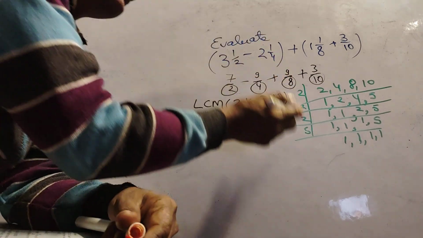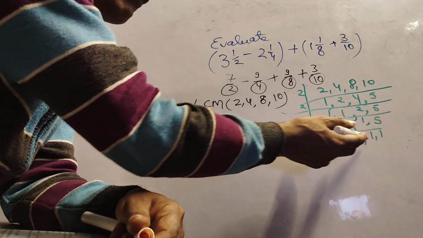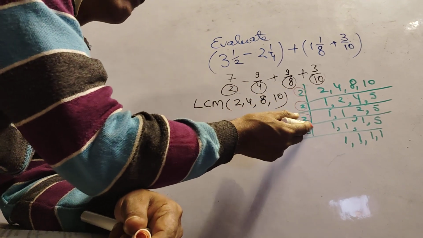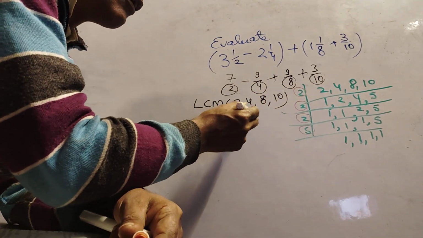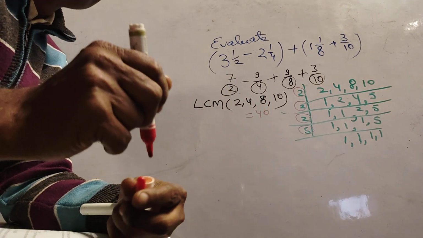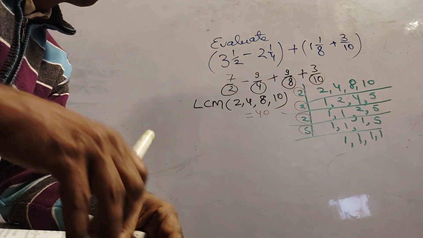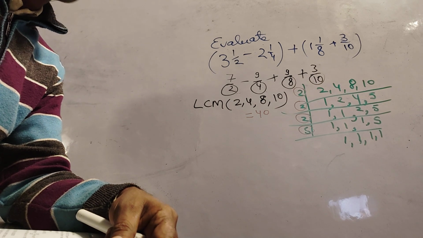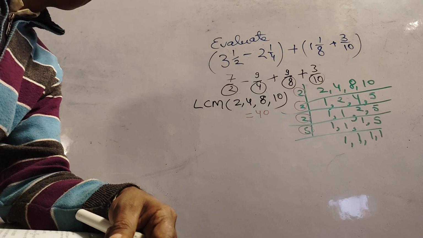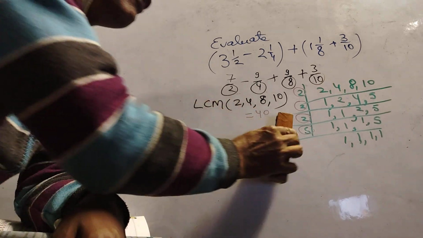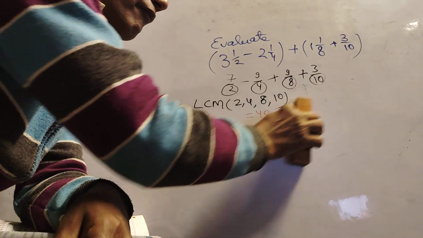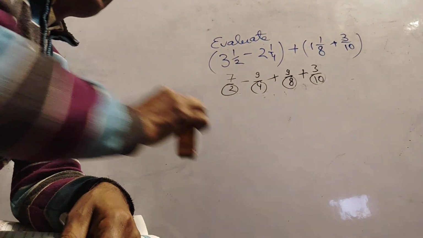Look, your final is last 1 1 1 1, but you multiply 2 2 ja 4, 4 2 ja 8, 8 5 ja 40. So 40 is the LCM, not 80. Instead of 40 we can use 80, but 40 is also available, a smaller number. 40 comes in 8 times, 8 5 ja 40.